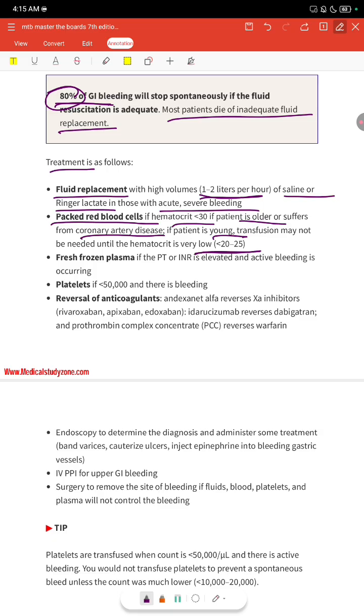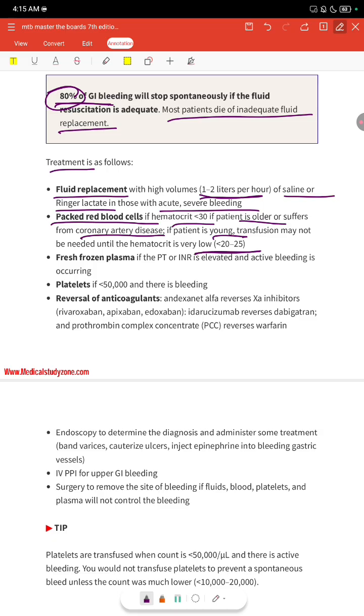So the first treatment is fluid replacement. Then check the hematocrit. If the hematocrit is less than 30 and the patient is older or suffers from CAD, go for packed RBCs.